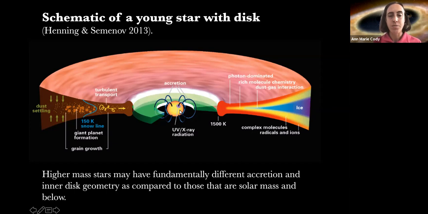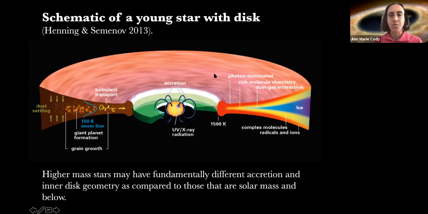The star is surrounded by a disk, which you can see in cutaway. The inner disk edge is where sublimation of dust begins at a temperature of about 1500 degrees Kelvin. Interior to that, it is too hot for the dust to exist, we believe, but you do have gas coming from the inner disk edge funneling onto the star via those magnetic field lines.